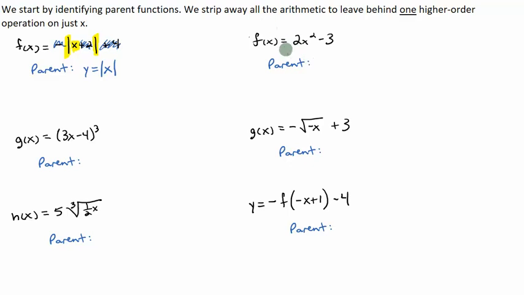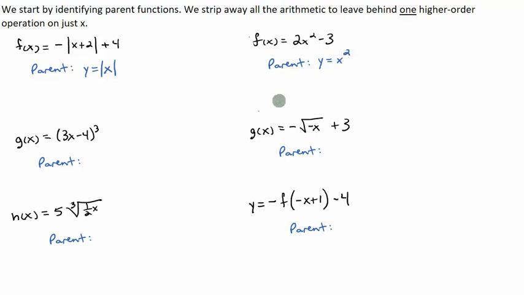Let's do this again on the second example. Let me clean this function back up real quick. In the second one, I need to strip away the multiplying by 2 and the subtracting of 3, and all I have left is x and the operation applied to x's squared. So x squared will be my parent function. So y equals x squared.